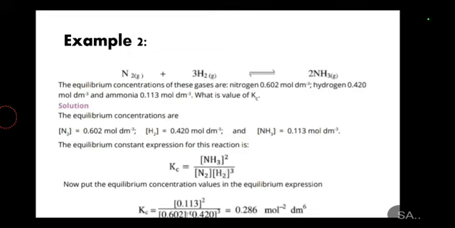For ammonia it is 0.113, for nitrogen it is 0.602, and for hydrogen it is 0.420. We'll express their number of moles and solve them. The value of the equilibrium constant Kc will be 0.286, and its unit will be mole inverse 2 dm6.